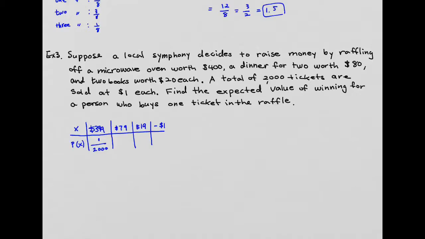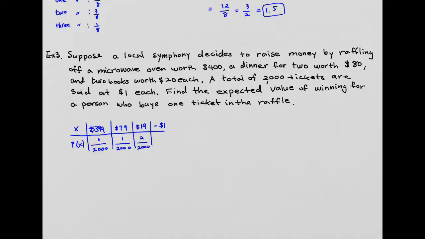To win the dinner for 2 worth $80, which you end up making $79, you only have 1 ticket. And then 2 books worth $20 each, so this is going to be 2 instead of 1. 2 will get each book, so it'll be 2 over 2,000.